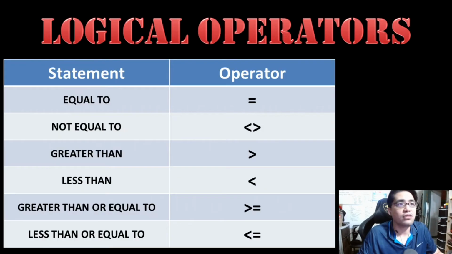The logical operators are, as you can see on the screen. So when you want to evaluate using equal to, you use the equal sign. Not equal to are the 2 arrow signs, pointing opposite each other. So this is not equal to, this is greater than, this is less than, this is greater than or equal to, and this is less than or equal to.